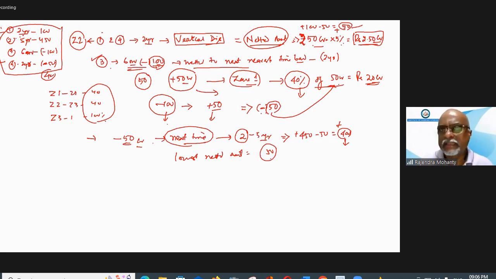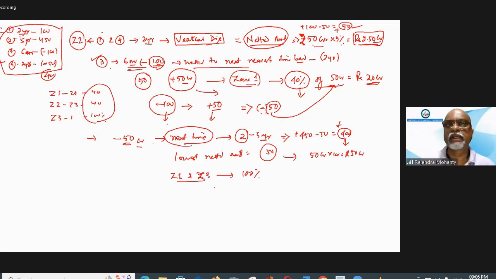Therefore, for the horizontal disallowance for these two, which zones are they happening in? 5 years is in zone 3, so it is happening between zone 1 and zone 3. If it is happening between zone 1 and zone 3, what is the disallowance? 100%. So 50 crore into 100% equals 50 crore.